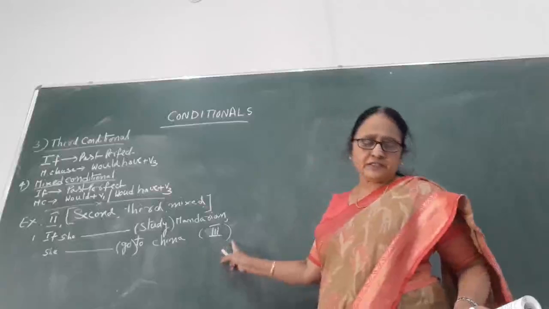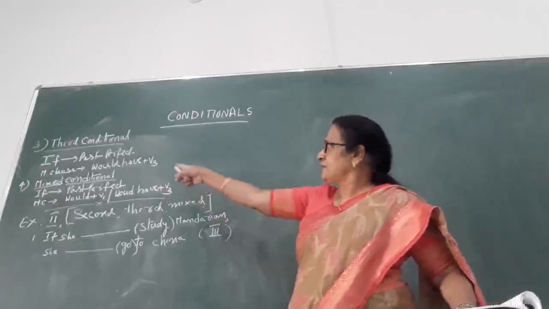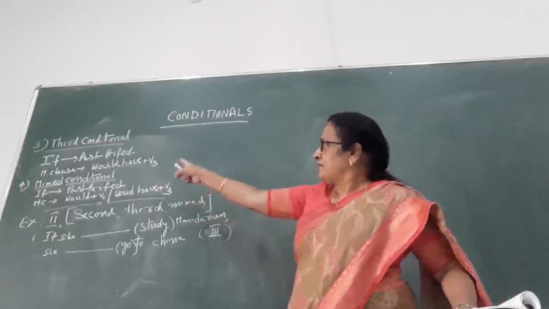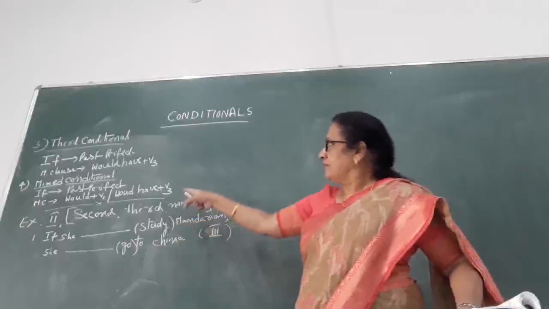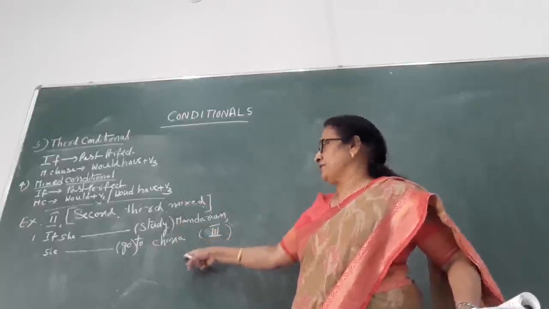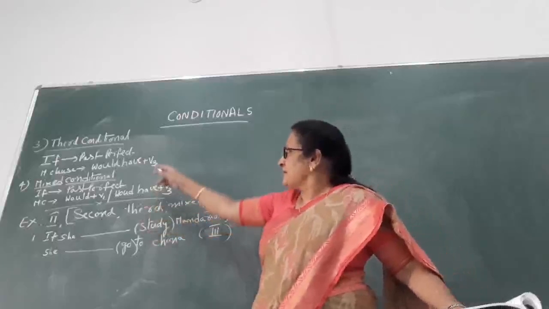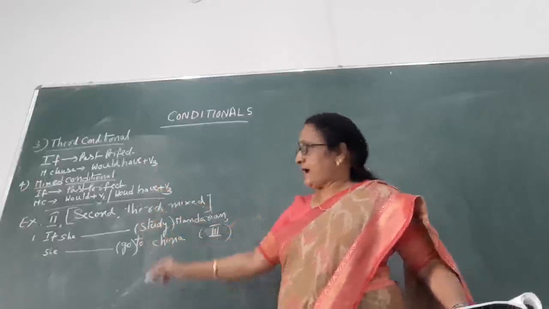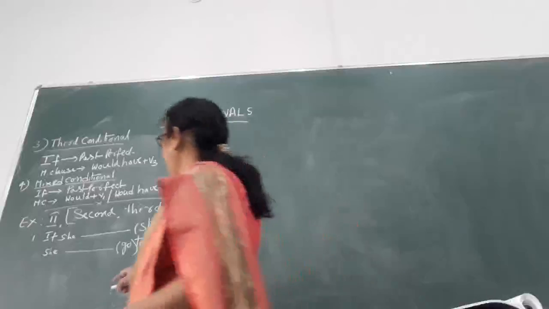You have to change it into the third conditional. In the third conditional, what do you have to write here? Past perfect will be there, and the main clause will be would plus have plus V3. So if she, what is the past perfect? If she had studied, here you have to write had studied.